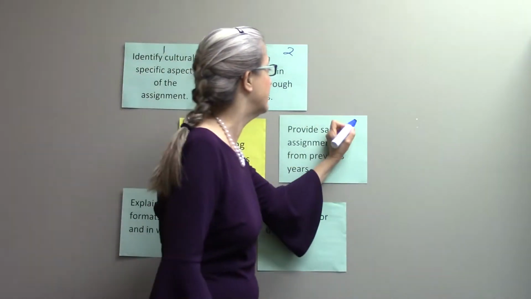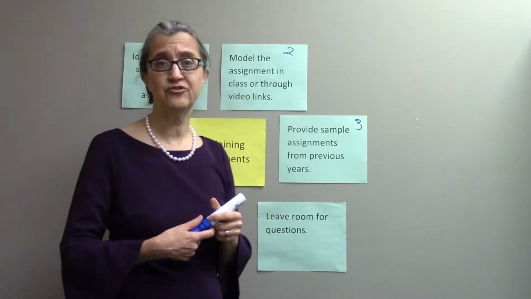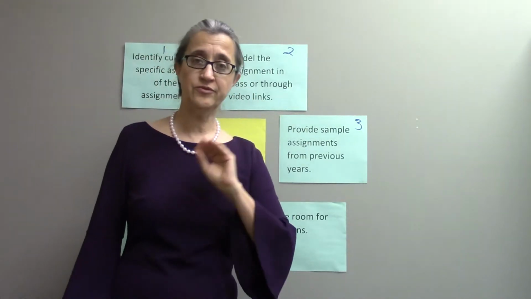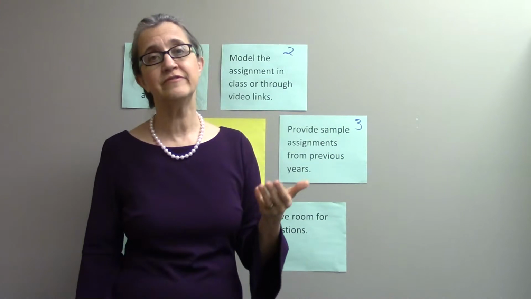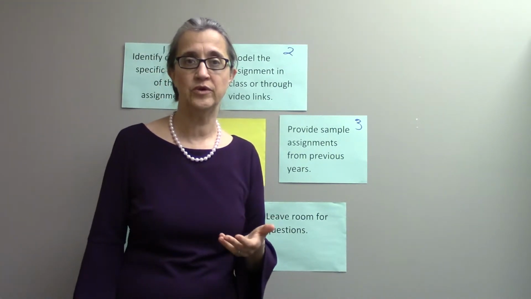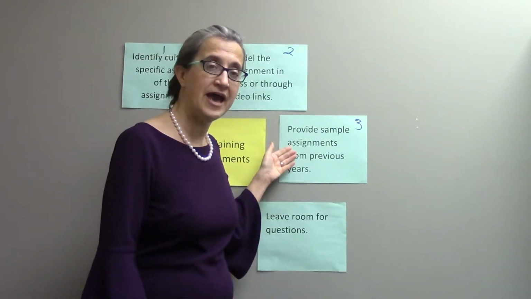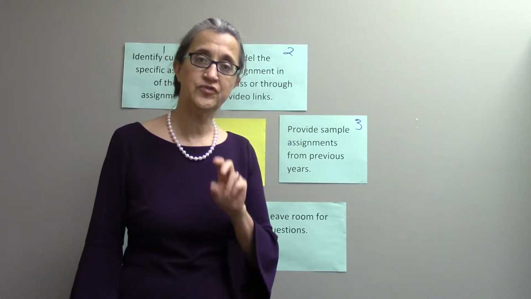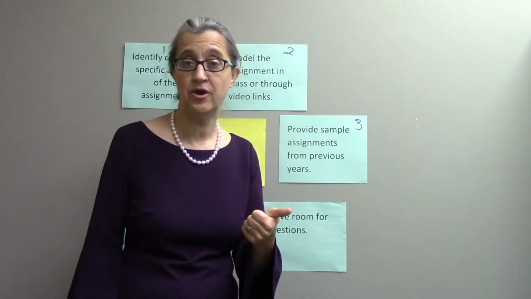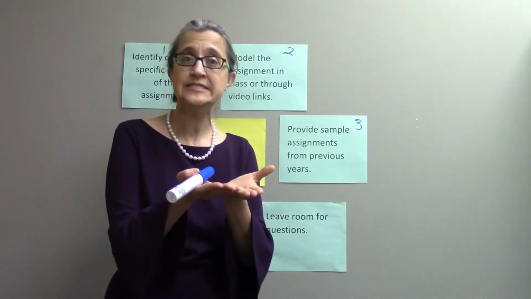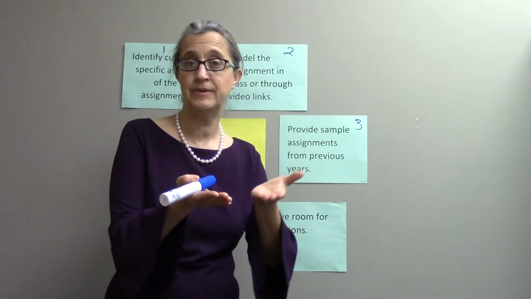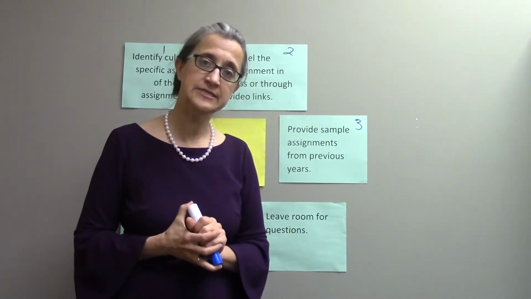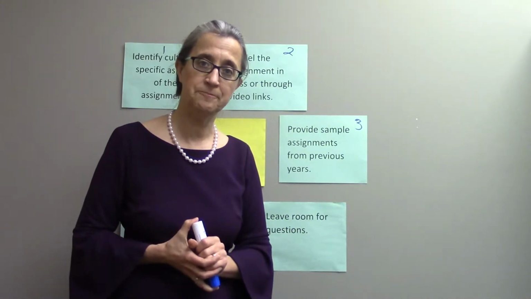Number three. And number three is actually a follow-on from the modeling of number two. As you teach a course more than once, obviously you can't do this the first time you teach a course, but even from after the first time, what I suggest that you do is approach students who've either done a particularly good job or students who've done a decent job that could be replicated by another student in the future and ask their permission to use their assignment as a sample for the following year.